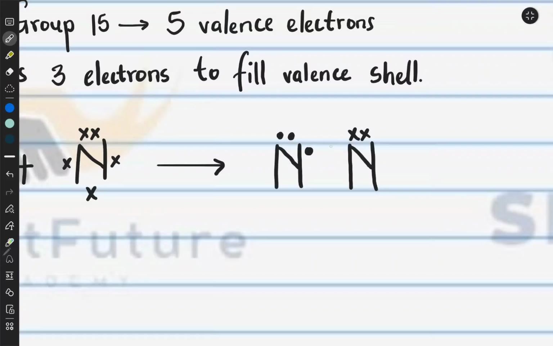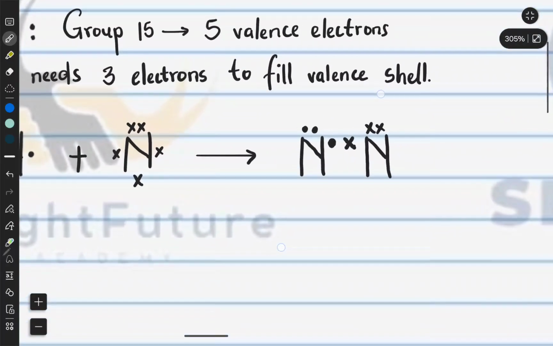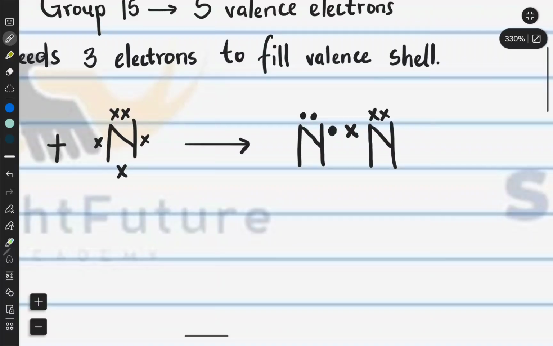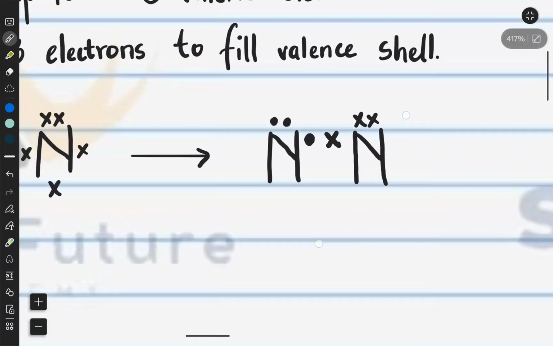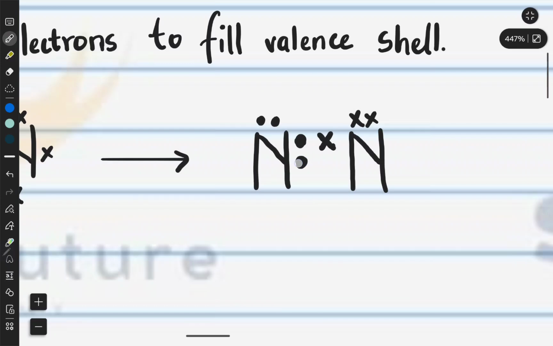First bonding pair, this nitrogen electron that was alone is paired with another nitrogen electron that was floating by itself there as well. Another one here is paired with another one there. Another one here.